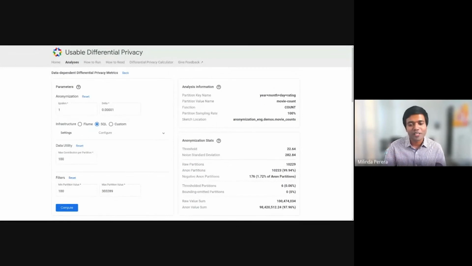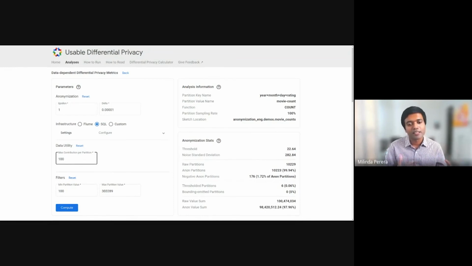So this way, the benefit to me as a product team is I don't have to do this analysis manually, come up with these plots and metrics manually, and I don't have to run the pipeline many times. So with this tool, I can just experiment with the different numbers, find the number that works for my use case, and anonymize once.